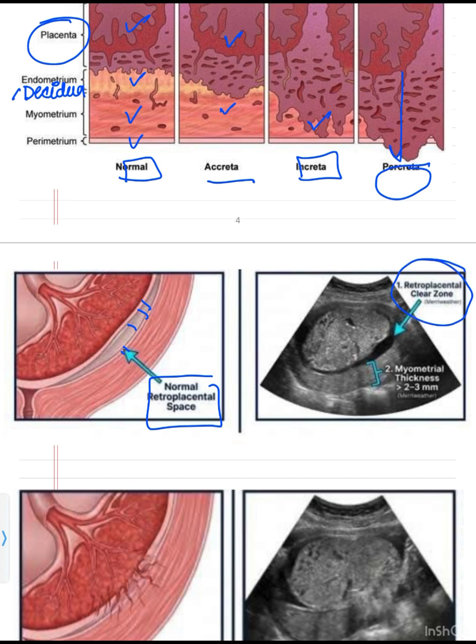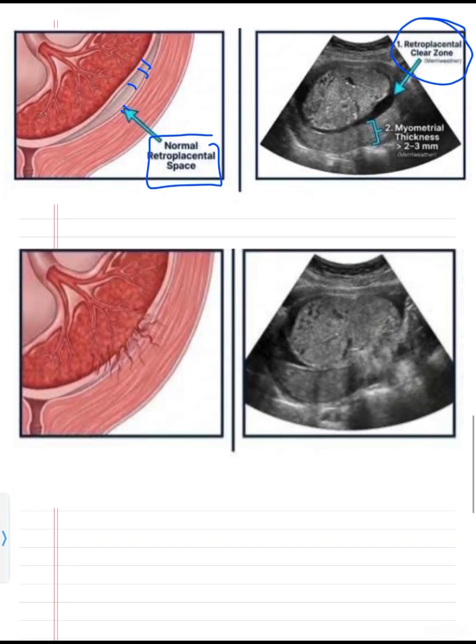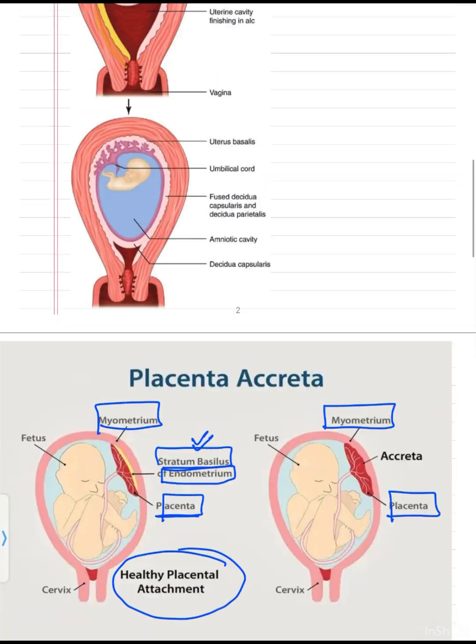This is normal. But in placenta accreta syndrome, you can see in the gross diagram that there is no normal retroplacental space. There is no space here. This is also visible on ultrasonography, in which the retroplacental clear zone is absent. So this is the ultrasonographic finding found in placenta accreta syndrome.